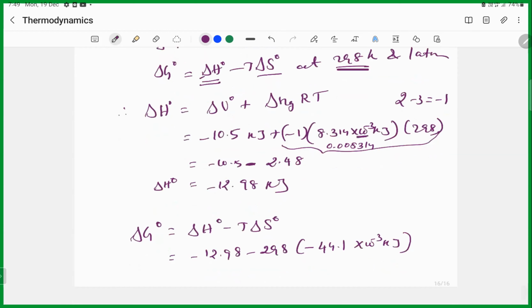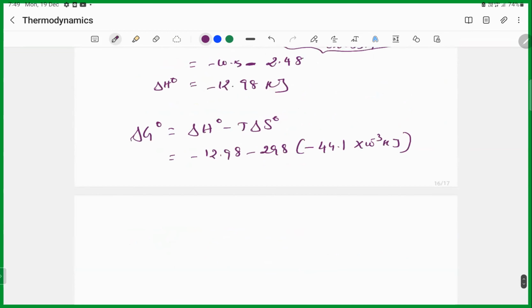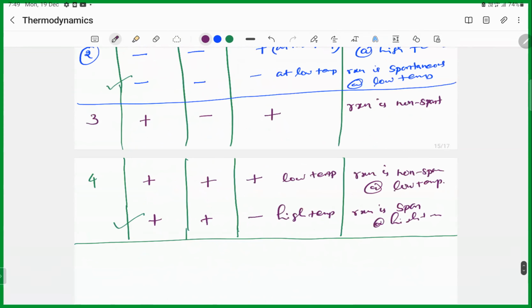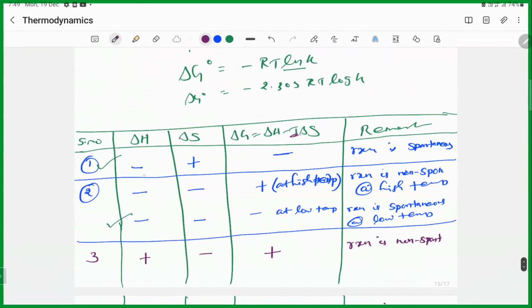So when you add everything, it becomes minus 12.98 plus 13.14 kilojoule. So that becomes 0.16 kilojoule. So totally delta G becomes positive. When delta G is positive, delta H is negative, delta S is also negative. Then the reaction should be, see, delta H is negative.